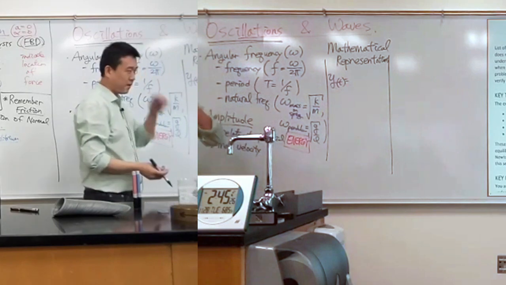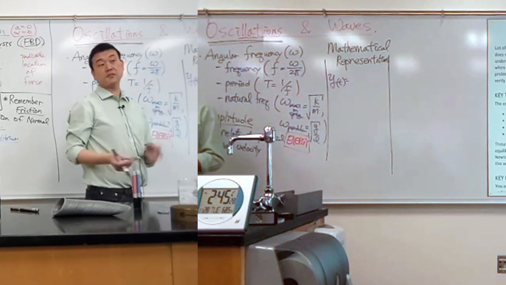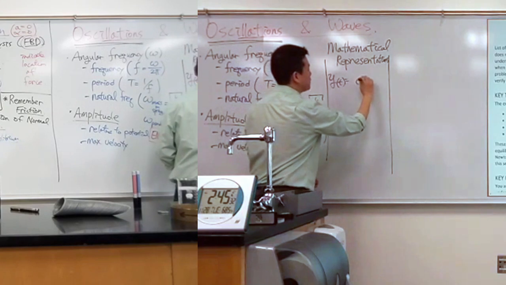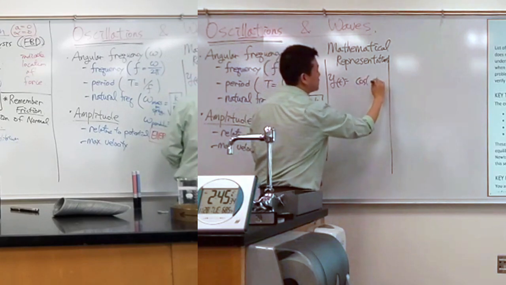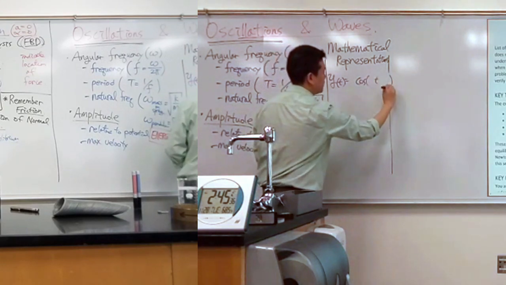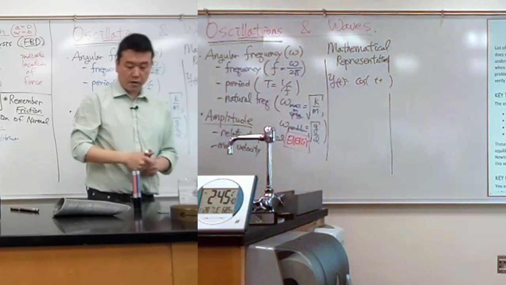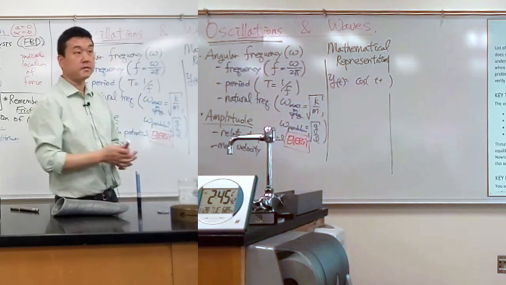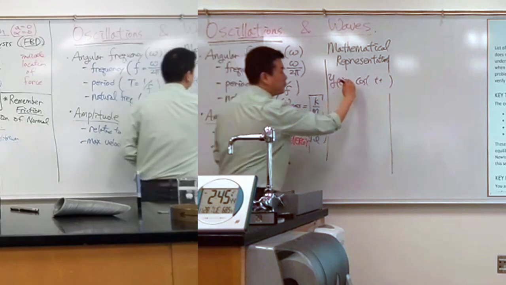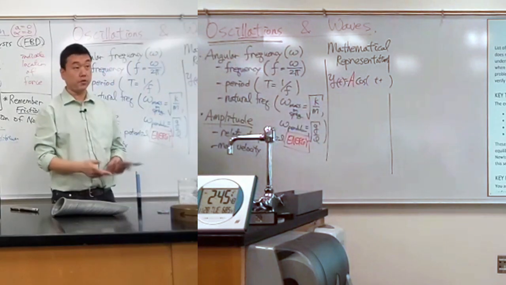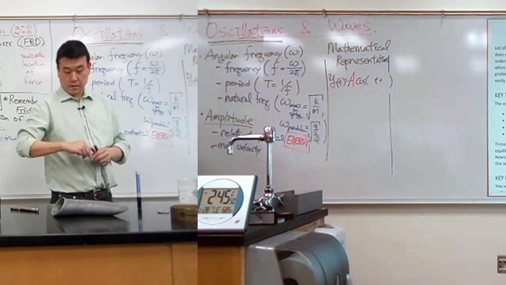Let me write down all the different constant parameters in a different color. Cosine is just a function, and time is a variable, so all those will be there, and plus. Let me write down some of the important constant parameters in different colors. Amplitude is one of them. You need to know how to find the amplitude of some oscillation.